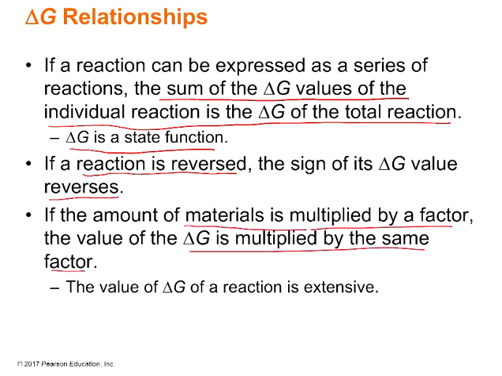For instance, if we need to multiply a reaction by 2 in order to get to our overall reaction, then we also have to multiply delta G by 2. So delta G is actually extensive, which means it depends on the amount that is present. If none of this is making sense, don't worry, we'll see this process in action.